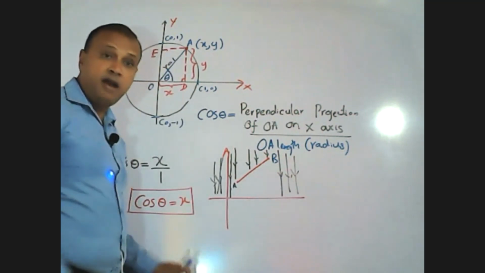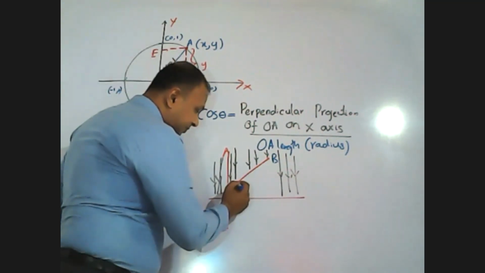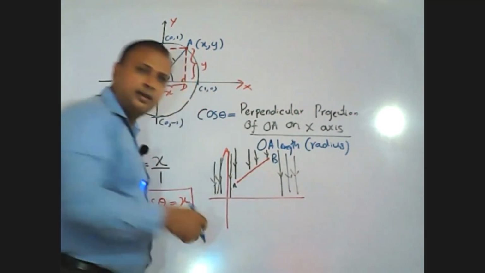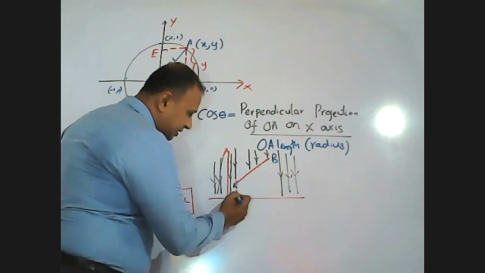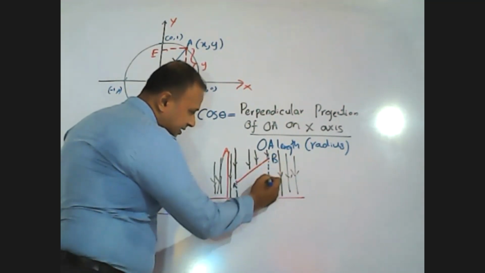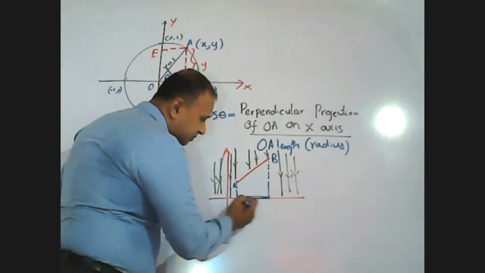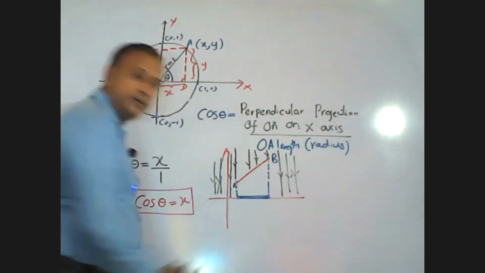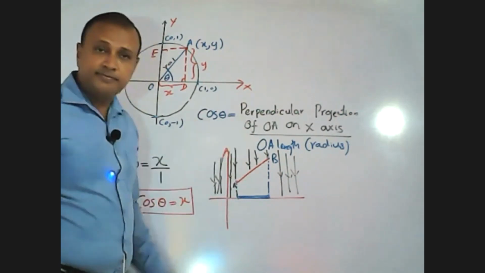But if you consider this region, light cannot pass through this rod.